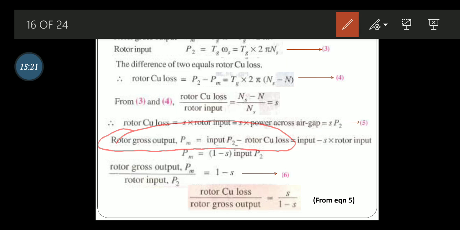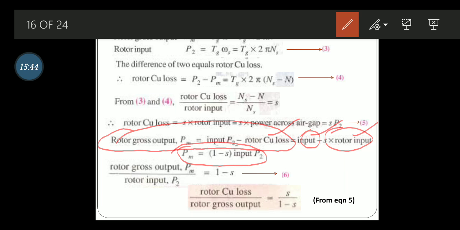Keep the rotor input as it is, and substitute the value of rotor copper loss from equation number 5, that is s into rotor input. Then take rotor input common, and you will get the gross rotor, that is mechanical power developed, equal to 1 minus s times rotor input.